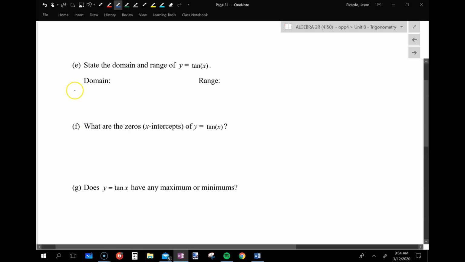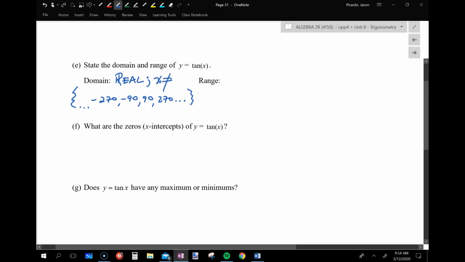So the domain, I'm going to write this really weird, is going to be all reals with the exception that x cannot be. I'm going to write it weird. Ready? Dot, dot, dot. Negative 270, negative 90, positive 90, 270, dot, dot, dot.